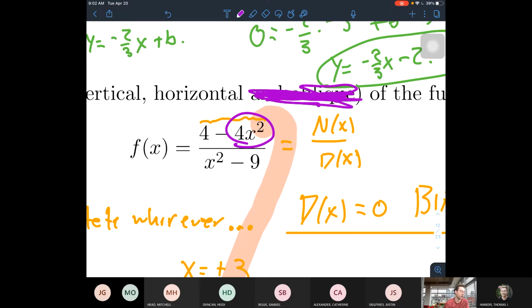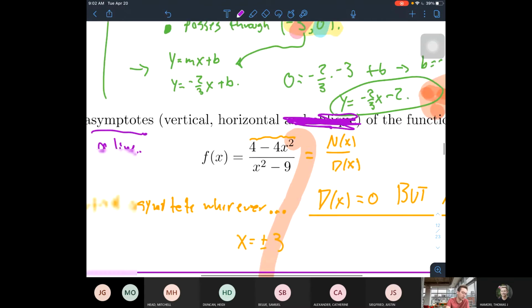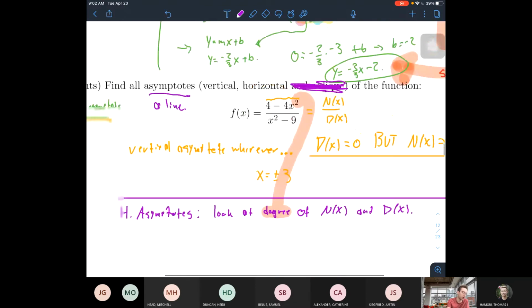The only term actually carrying all of the weight of the numerator is the term with the highest degree. Likewise, if I had a 4x here, 4x squared is going to outweigh 4x by a lot in the long run. So what we care about most is just the term with the highest power.